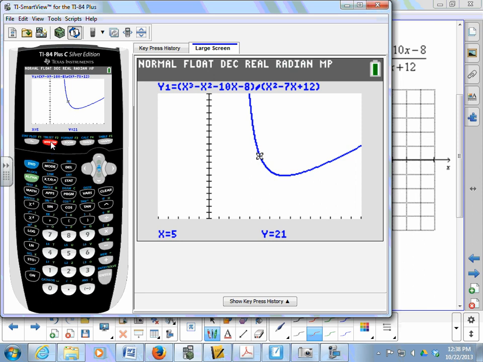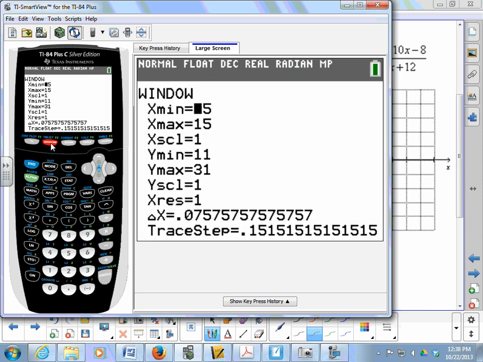So I need to take my window and stay with my standard viewing window, negative 10 to 10. But my Y min is still negative 10. Y max, let's go to 25.